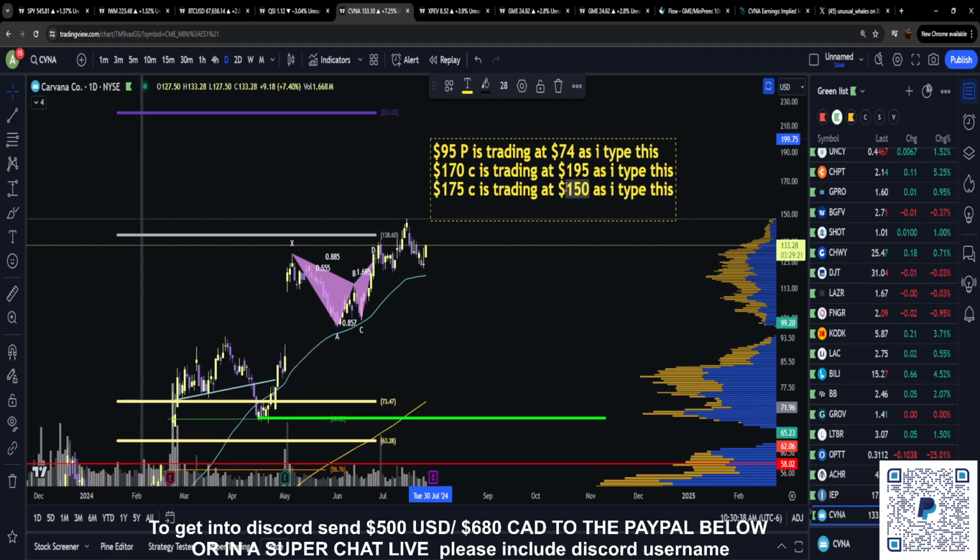You're going to have to put on a minimum of $150 and $75, so a bare minimum of about $225. Arguably, you could put it on as high as $300 if you took the 170 call. The 170 call is so juiced right now because of the big move it's made so far today of 7%.